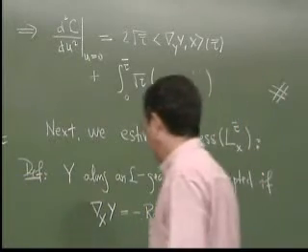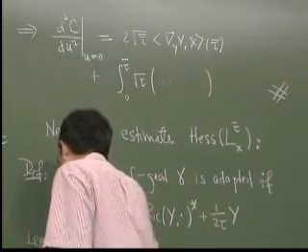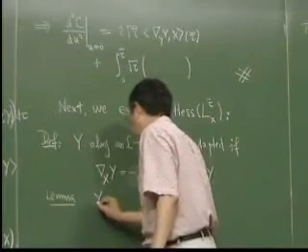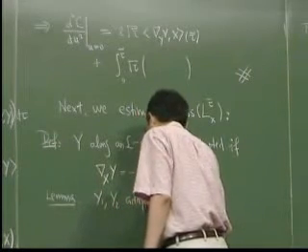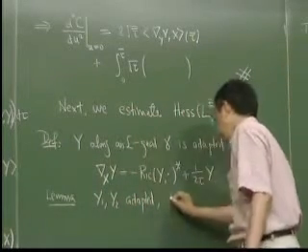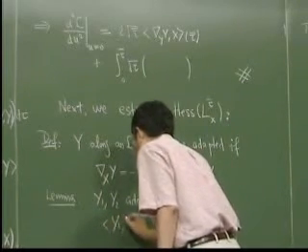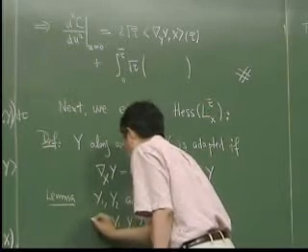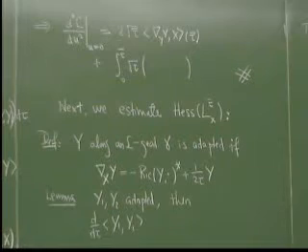So you can easily prove, using this ODE, the following: if Y1, Y2 are adapted, then if you look at the pairing, you compute the pairing.